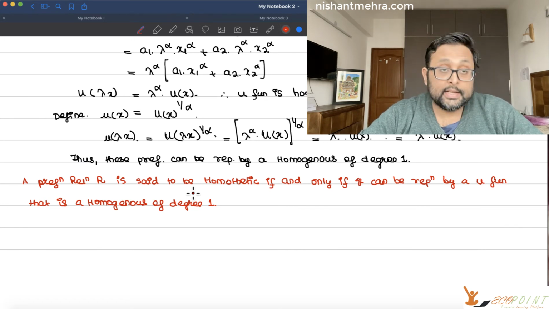So what you're saying is that homothetic preferences could be represented by the utility function such that u of lambda x is equal to lambda ux with lambda greater than 0. So that would make it homogeneous of degree 1.